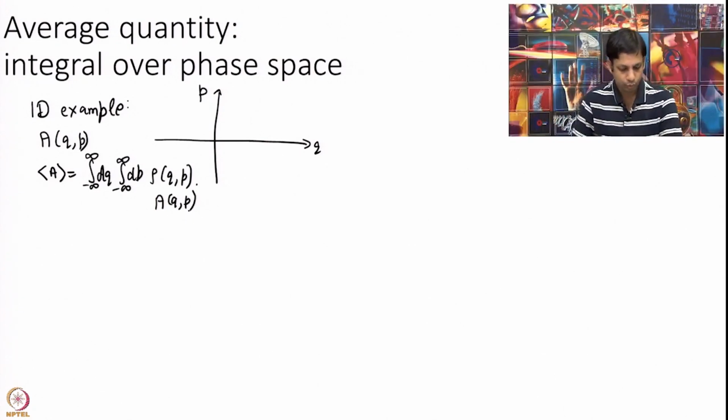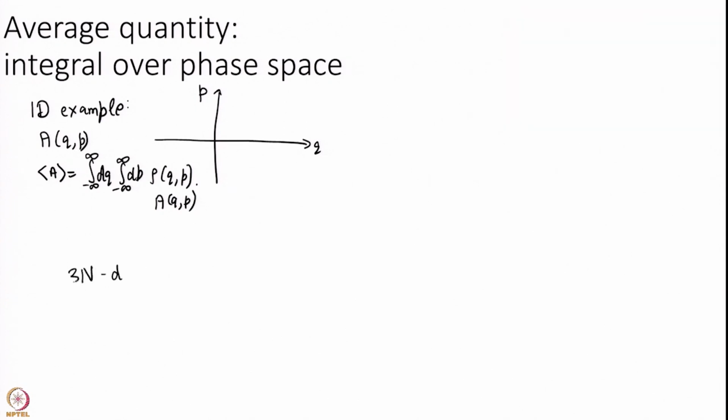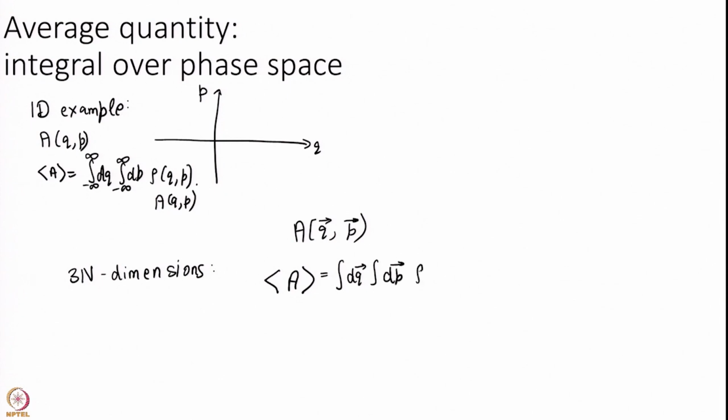So, in general, for 3n dimensions, I get the average of some quantity A, where A is some function of q comma p, to be an integral over dq integral over dp rho of q comma p A of q comma p. So, I have calculated an average quantity now.